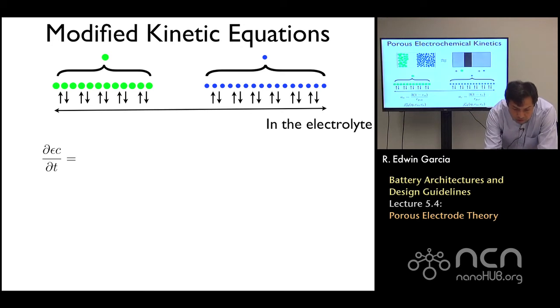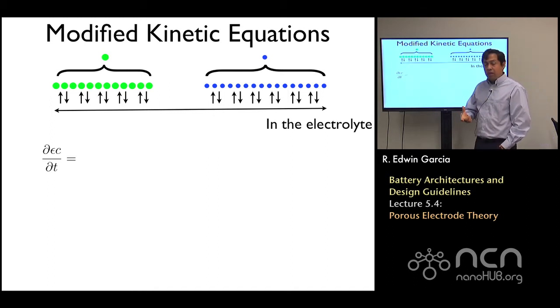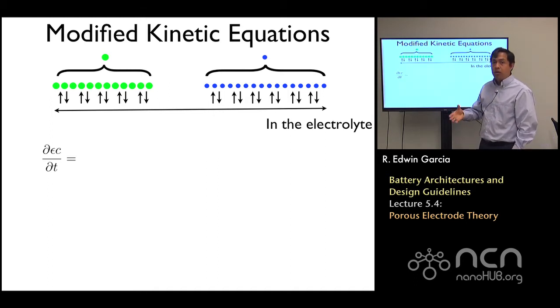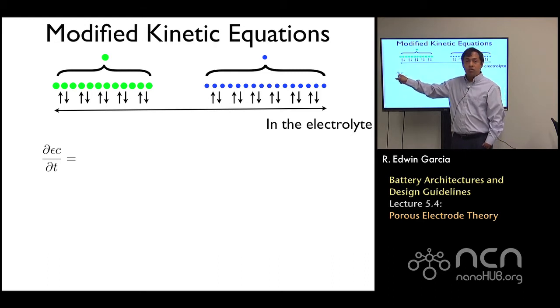So now if we do this, then we have to recast transport in the electrolyte. We have to describe it separately, because even though transport within one particle is very well known through the boundary condition at the particle-electrolyte interface, in the electrolyte we now have to account for the mass associated to the accumulation that only occurs, as you can see here, through the porosity.